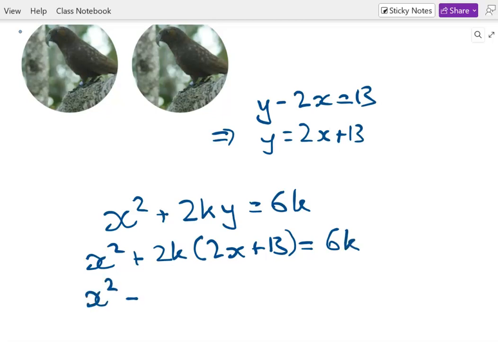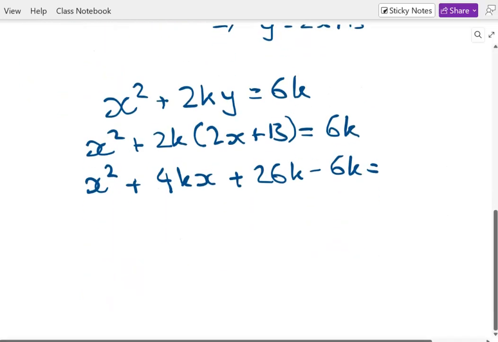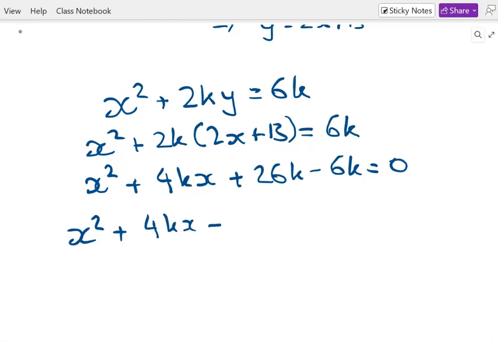Cleaning that up gives me x squared plus 4kx plus 26k minus 6k, and that equals 0. So x squared plus 4kx plus 20k is equal to 0.